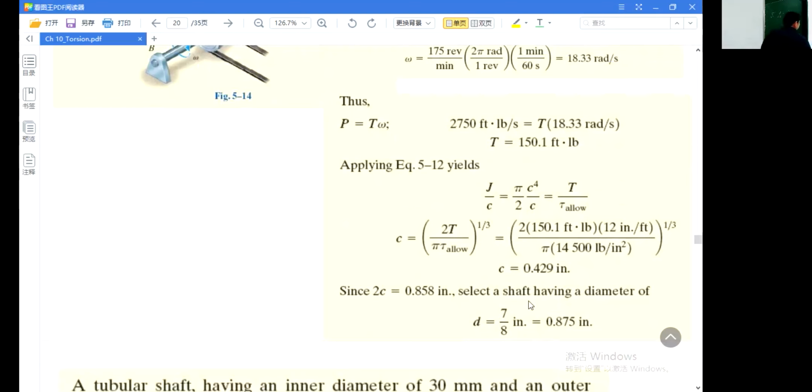If you choose a smaller shaft, half d must be less than it. It's dangerous. If you choose a much larger shaft, it wastes material. So in this way, we can choose a suitable shaft.